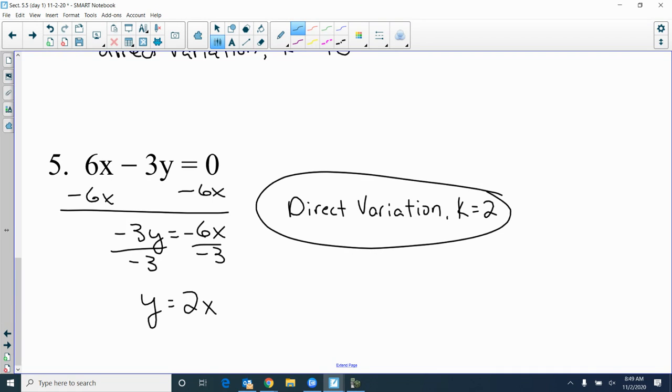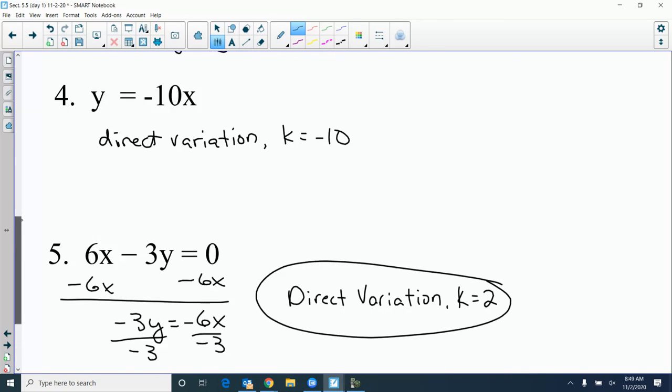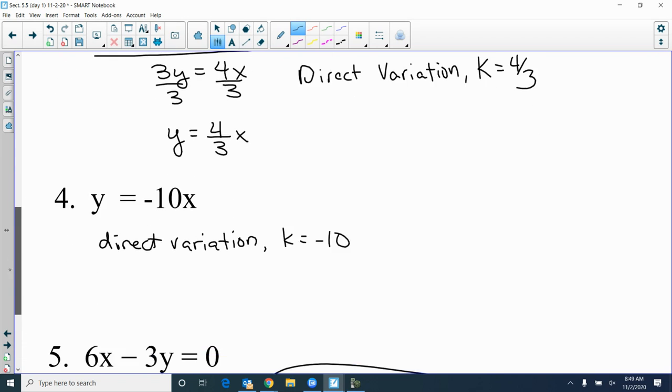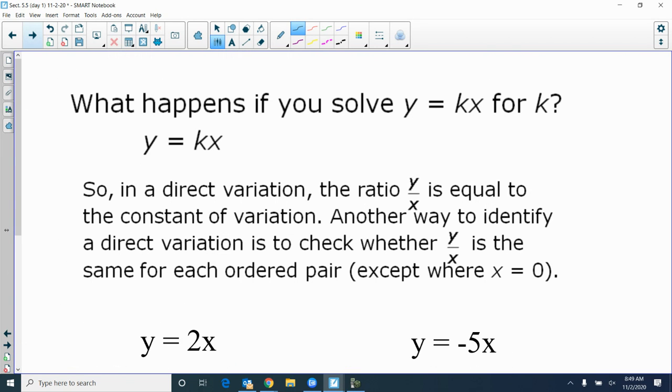You can't just say yes or no right away until you get y by itself. You just ask, do I have a number times x? If you're adding or subtracting anything, it's going to be no. If you get any exponent, it's going to be no. Now take a look. What happens if you solve y equals kx for k? This isn't on your paper, so just pay attention. How do I get k by itself?